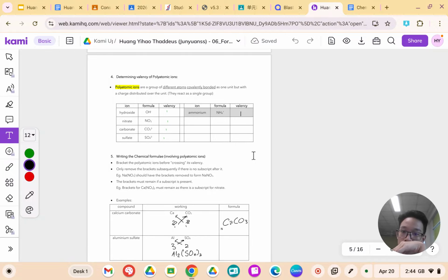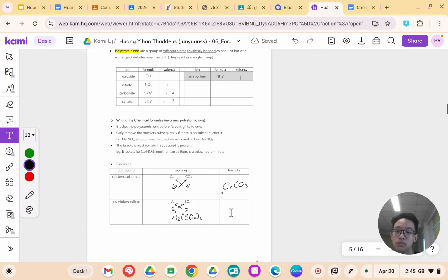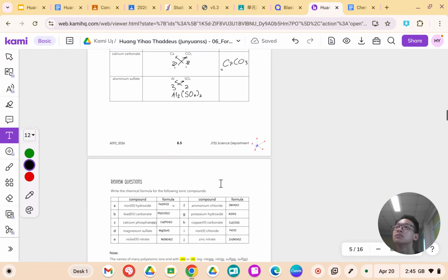In the equation, you write state symbol g for gas. Acids, alkalines, all are aq. Soluble salts also. Whether it's soluble or insoluble, this is the chart for you to memorize.